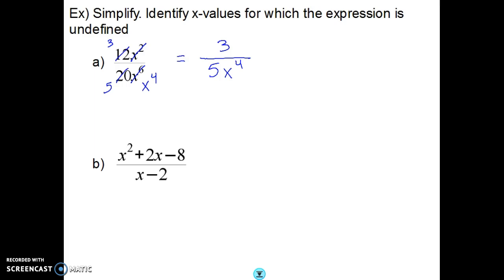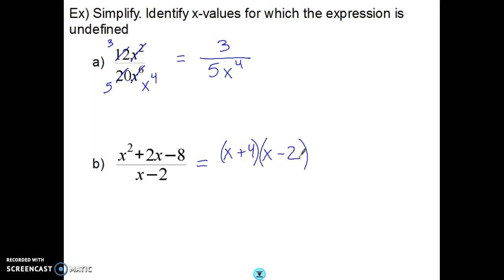Now, it's not always that easy. Sometimes we have to actually do some factoring involving quadratics, turning them into linear factors. So we're going to factor this one first. Specifically, we can see that our numerator here factors into just x and x, because that gives us x squared, and the numbers that multiply to -8 and add to +2 would be x plus 4 and x minus 2.